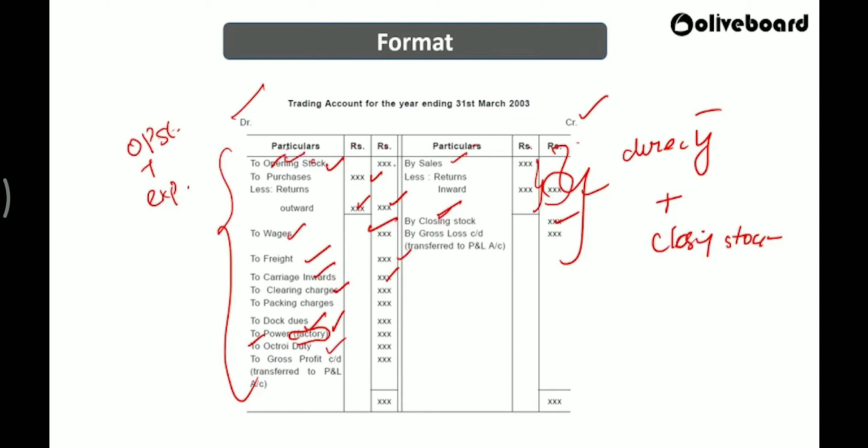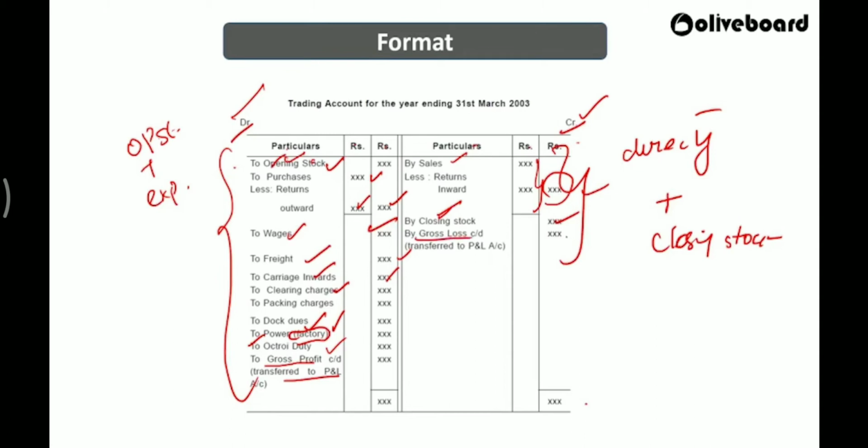That's it. Now, once you balance it, if the credit side is higher than the debit side, then you will have gross profit, and that is transferred to what? P&L account. If the debit side is greater than the credit side, which means your expenses are greater than incomes, then you will have what?